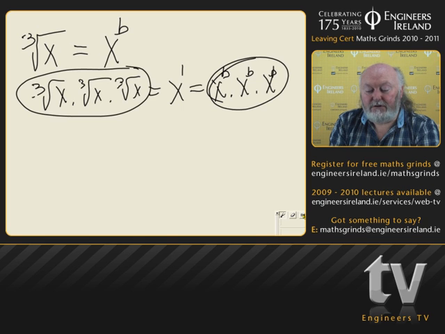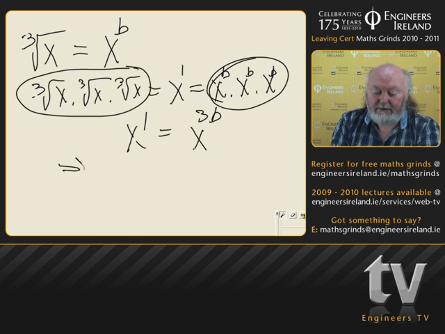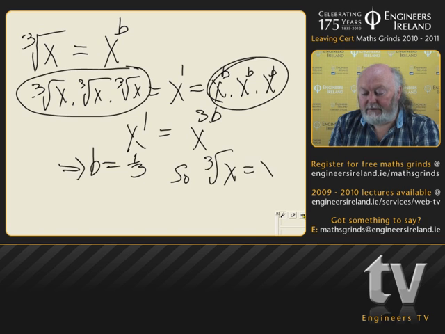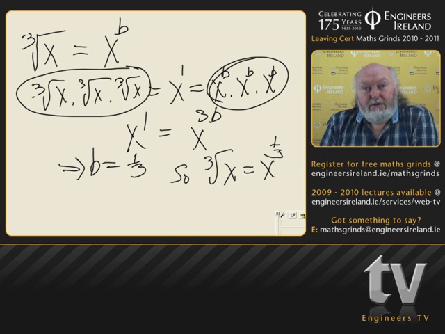But now we're in a position to be able to say that x to the 1 is equal to x to the 3b, which implies b is 1/3. So the cube root of x is equal to x to the 1/3. Okay? Now, they're the basic rules of indices.